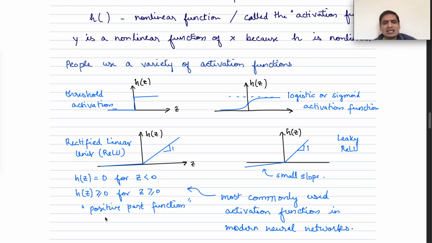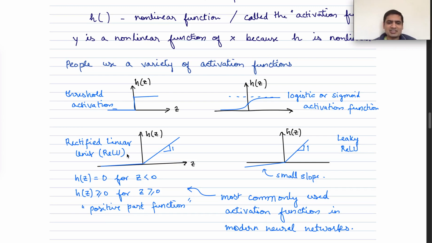I used to call this the positive part function. It's called the rectified linear unit because you just have a line here. That would be a purely linear function. Rectified meaning you just let through the positive part of the output. You kill the negative part, you let through the positive part, which is something people do when you convert AC to DC in electrical engineering.